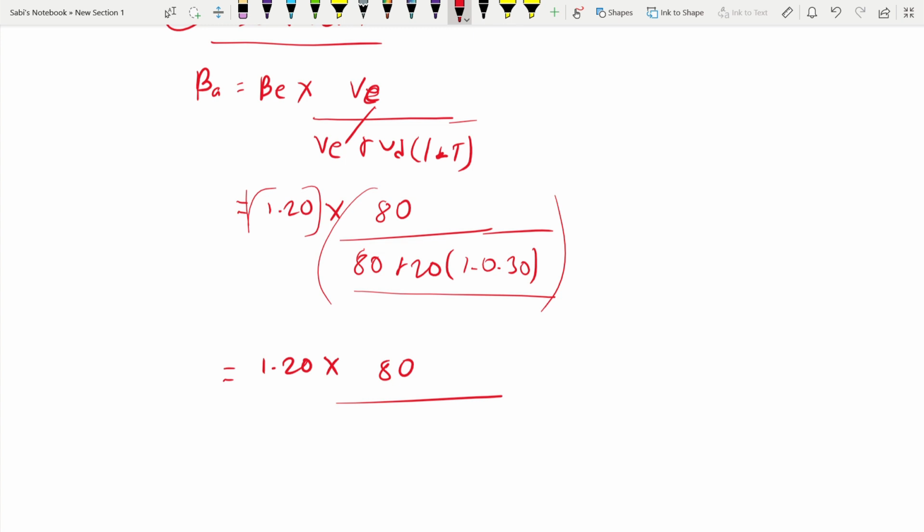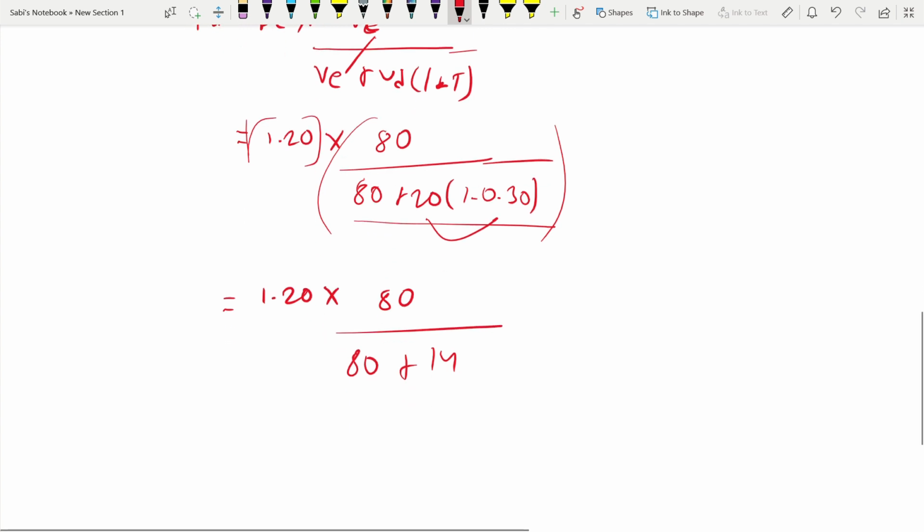You have to first multiply 20 into 0.7. That will give you 14. You should always first multiply the 20 by this before you add it to 80. That's how it should be. That means 1.20 into 80 over 94.